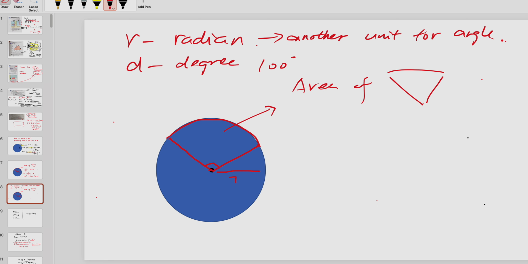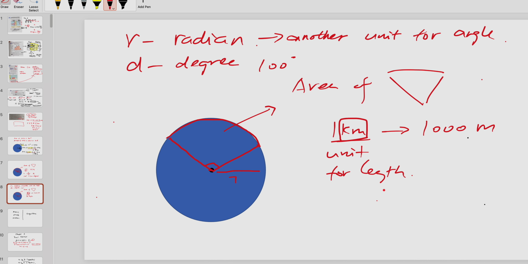Okay, let me give you more context. 1 kilometer is a unit for length. Your 1 kilometer, you can also get it into meters. The kilometer is a unit for length, and meter is also a unit for length.